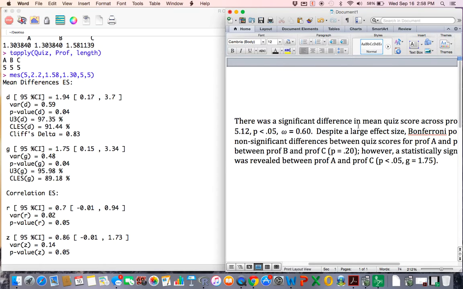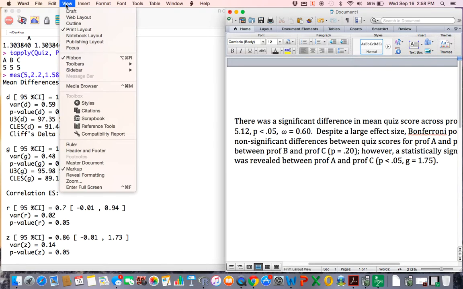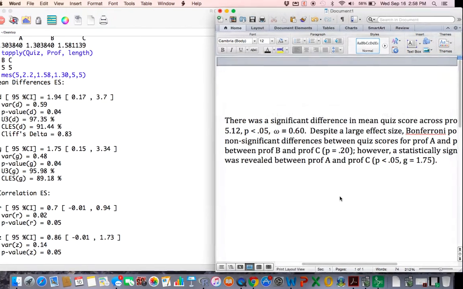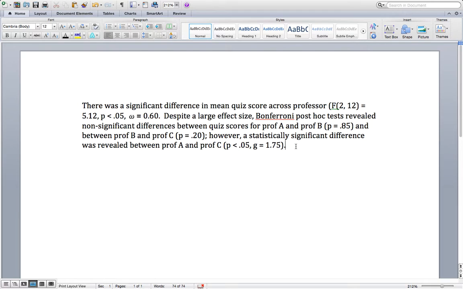Now, I think that's okay. The gist of it is we, first of all, talk about our overall model. Then we dive into examining the post hoc comparison along with the effect size for each of the group comparisons.